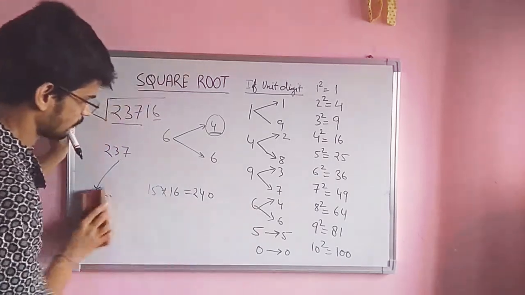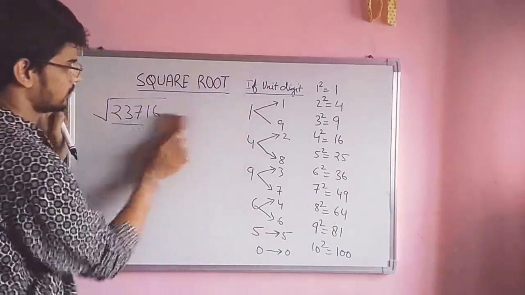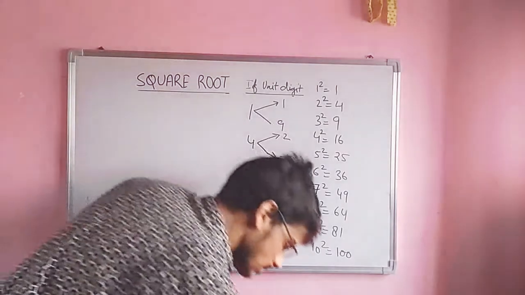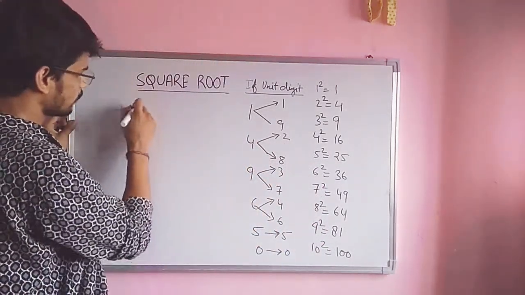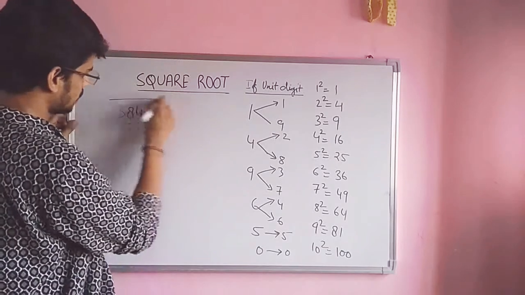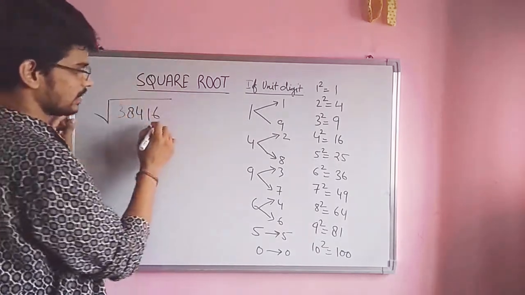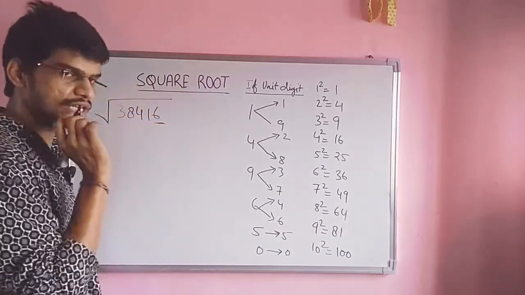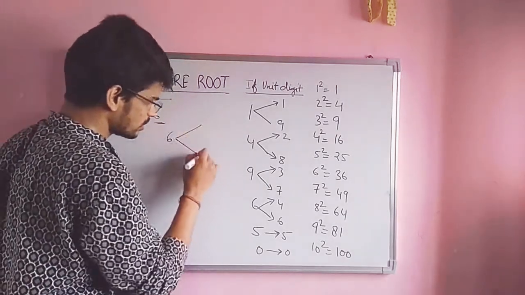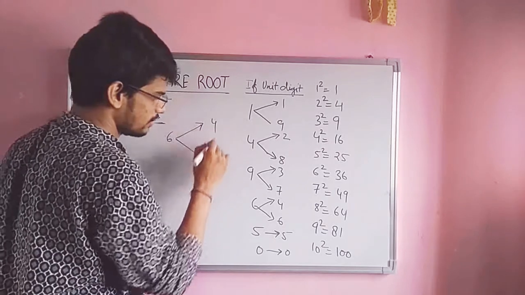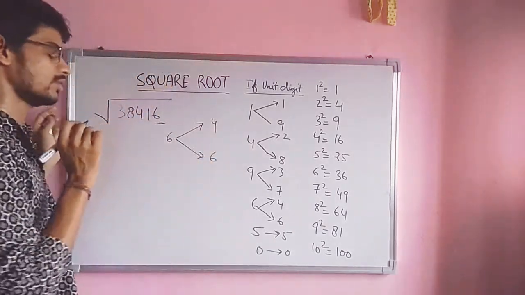Next is 38416. Here the units place is also 6. That's why the square root's units place will be either 6 or 4.